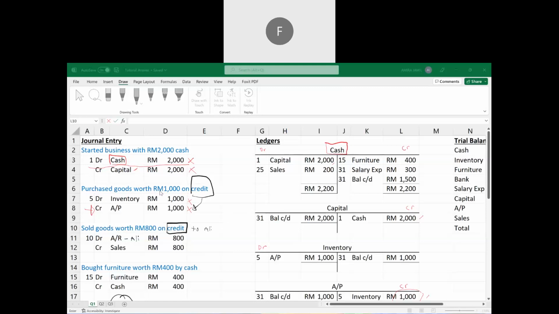Debit inventory here, and credit account payable 1,000. Then transfer the journal entry to the T account.